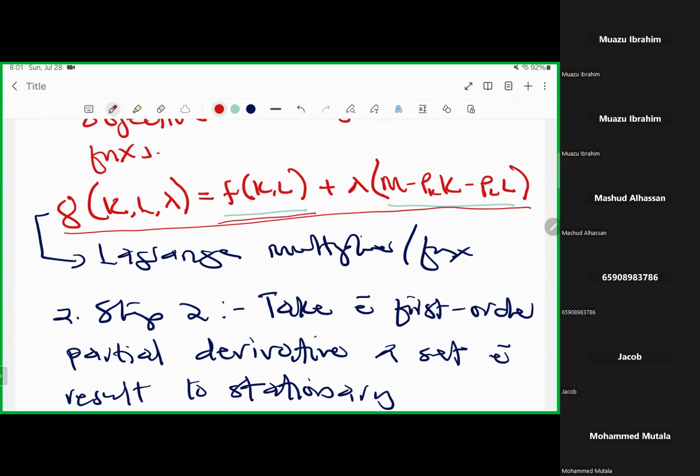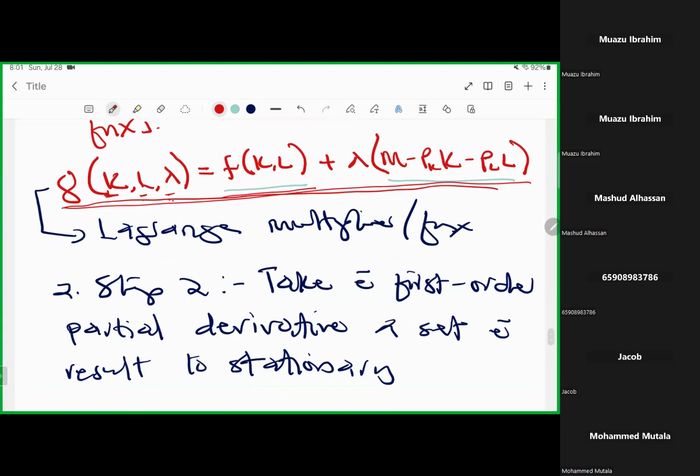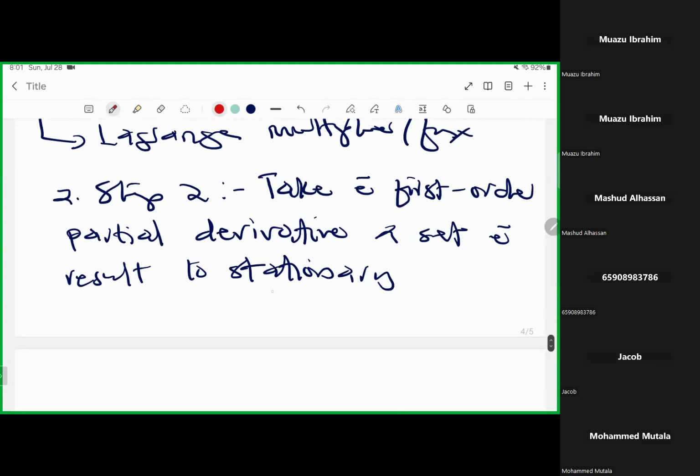What are the 3 unknowns? We don't know capital, we don't know labor, and we don't know the Lagrange multiplier. So we are going to differentiate this with respect to each of the 3 unknowns and set the results to stationary. Setting the result to stationary means equating the answer to 0.